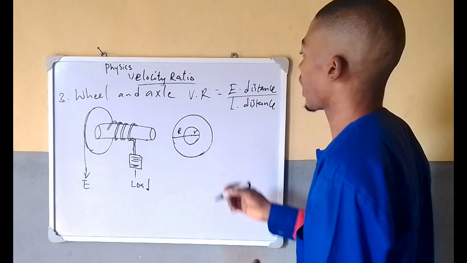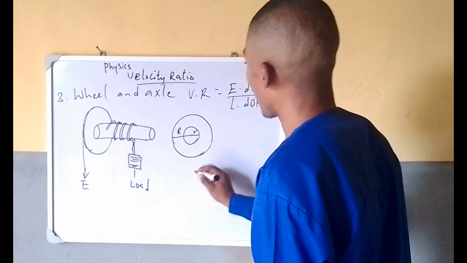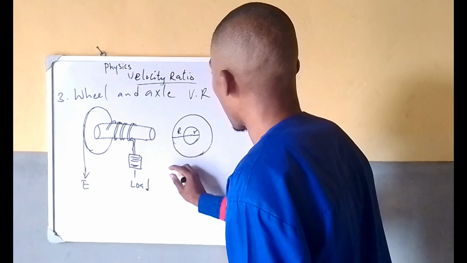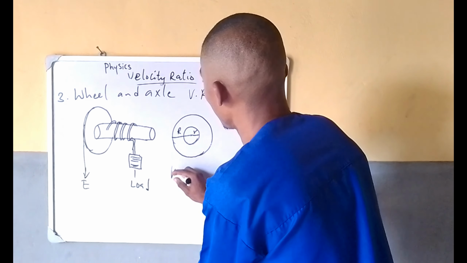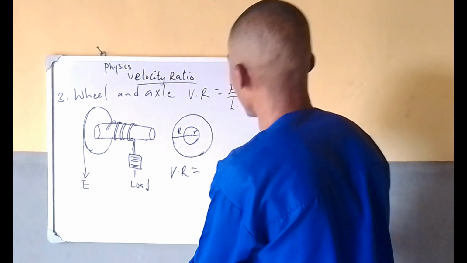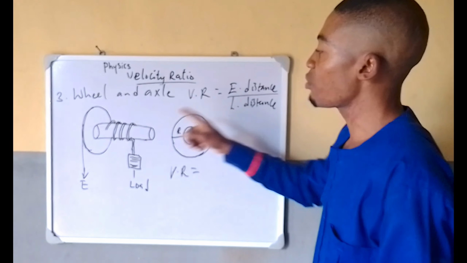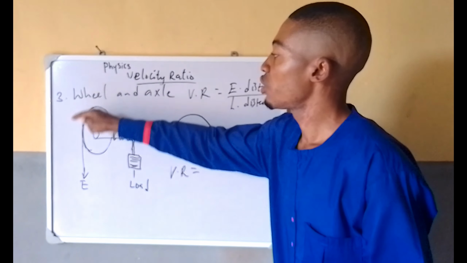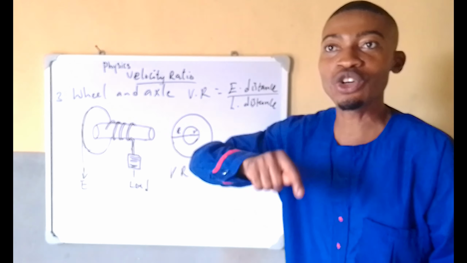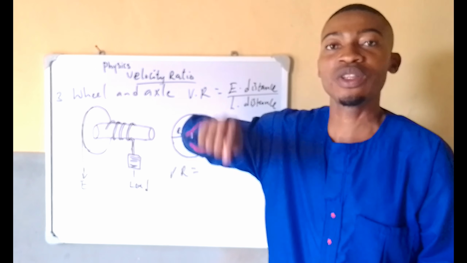So we are now going to substitute into our formula that VR, velocity ratio, is equal to, what is the distance moved by the effort? Distance moved by the effort is equal to the circumference of the circle turned by the wheel.